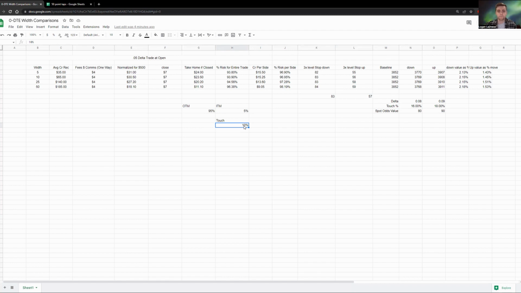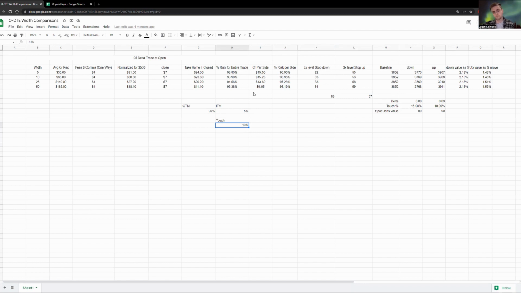Because you could go into the money 5-10 points and come back out. It counts as a touch, but then you're safe. And that's happened. I'm going to show another metric here in a minute to explain why. But if you roll instead of a stop loss, you can use the touch of the odds versus the touch of the stop loss, which will always be a better place to be.